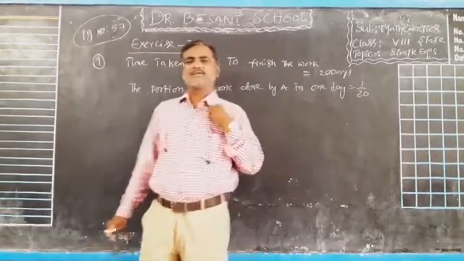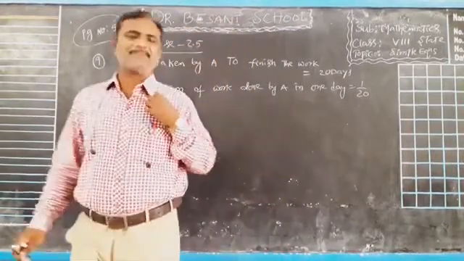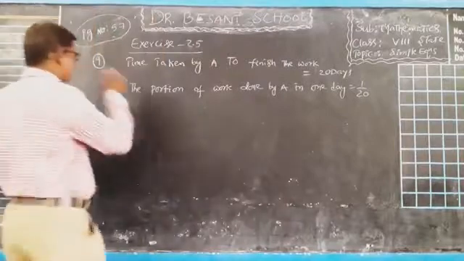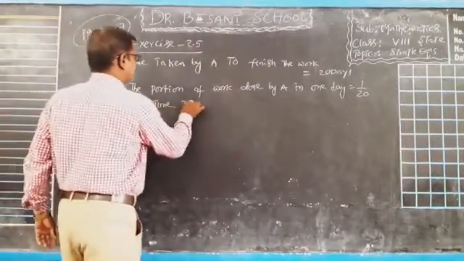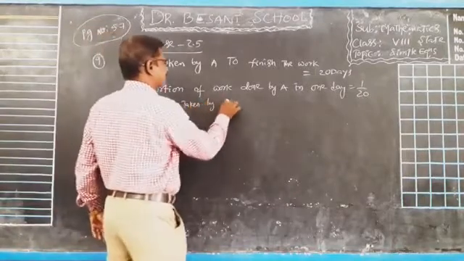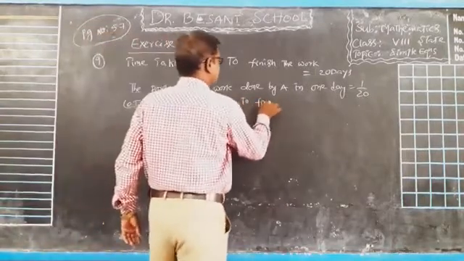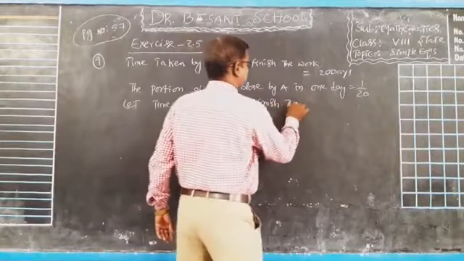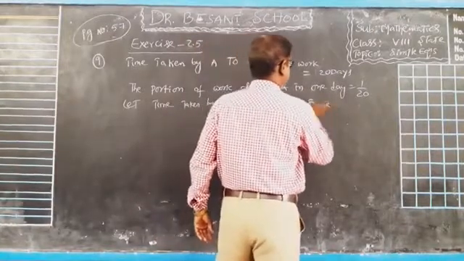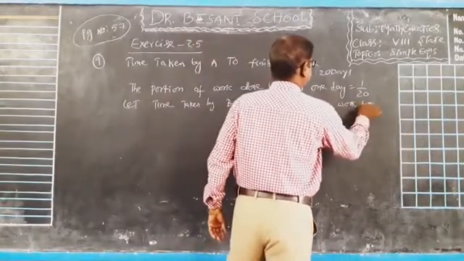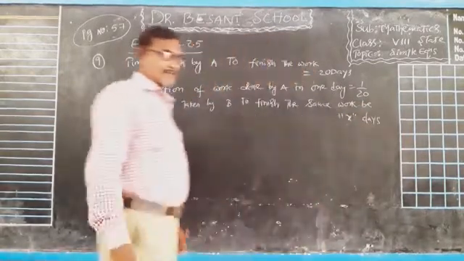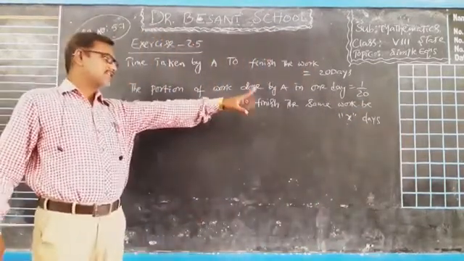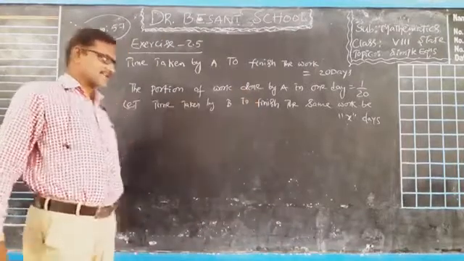Let us suppose the time taken by B to finish the same work is X days. See, children, let the time taken by B to finish the same job be X days.